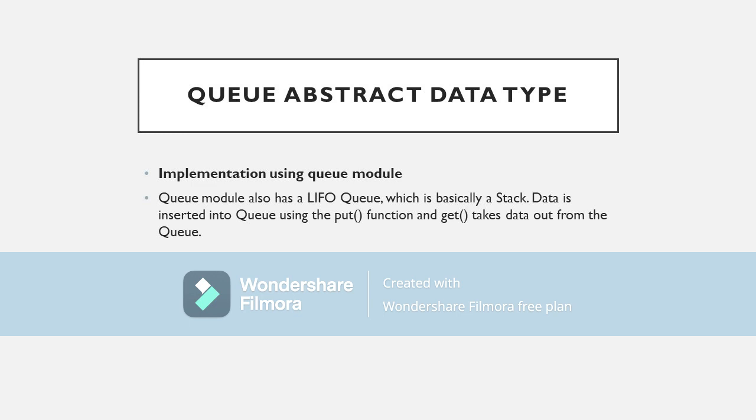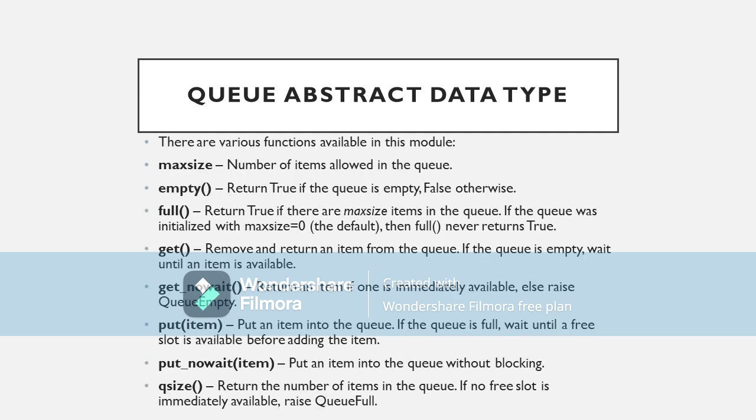Implementation using queue module. The queue module also has a last in first out queue, which is basically a stack. Data is inserted into the queue using the put function, and get takes data out of the queue. There are various functions available in this module.